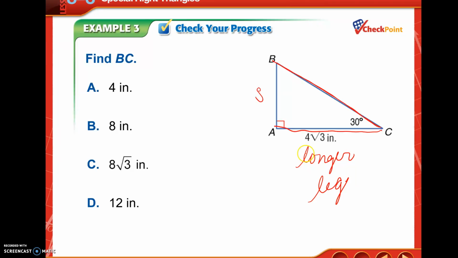So short side would equal 4 square root of 3 divided by square root of 3, because they multiplied to get this, so we have to divide to get the short side. So short side is 4, and then everything depends on that, and we have to find that short side if we don't have it to find the hypotenuse. So hypotenuse then is 2 times the short side, or 2 times 4.